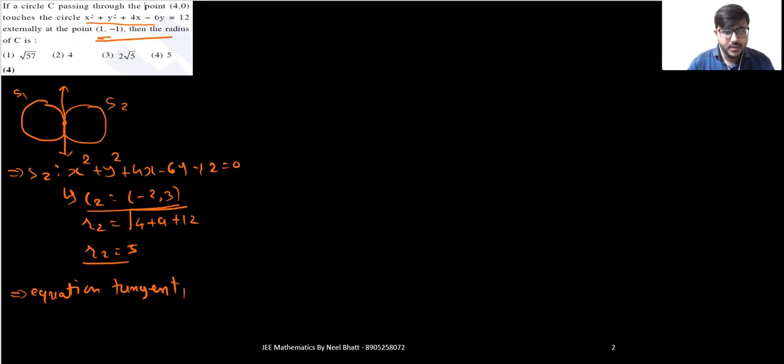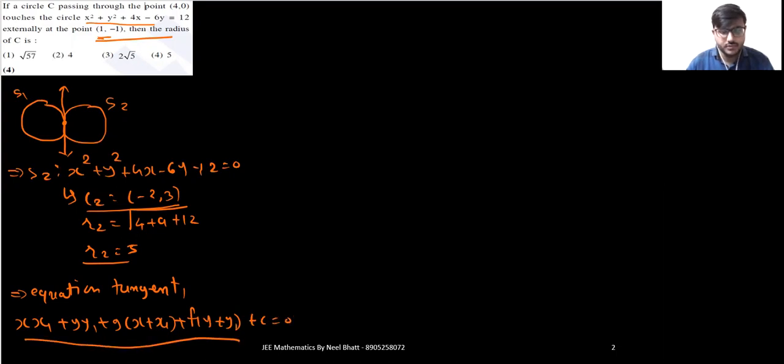Let me remind you, the equation can be xx1 plus yy1 plus g(x plus x1) plus f(y plus y1) plus c equals to 0. This can be the equation of tangent we have.